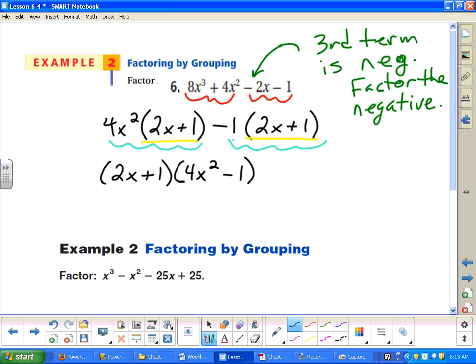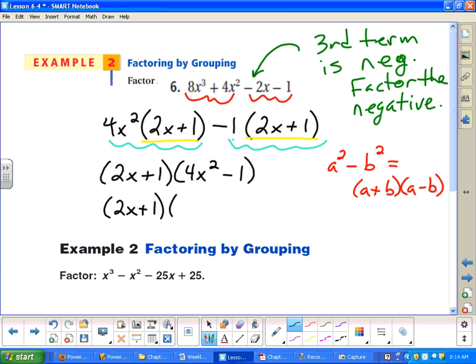Now, we have 4x squared minus 1. It's a quadratic. Can I factor it? And the answer is yes, because it is the difference of two squares. So for our result, we have 2x plus 1, and then we have the difference of two squares here in this 4x squared minus 1.